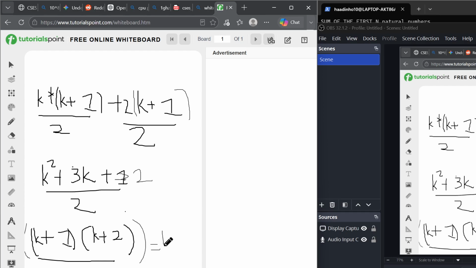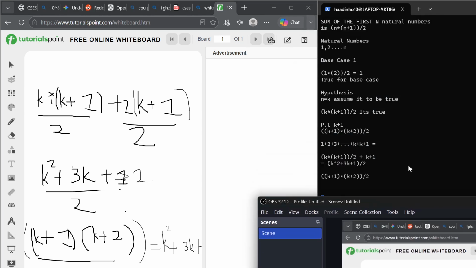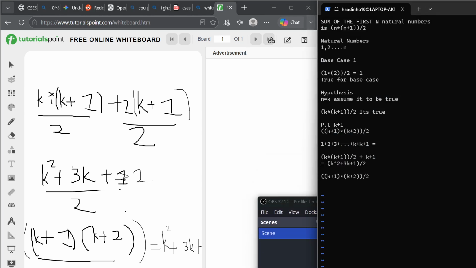And this thing also is going to be the same: k square plus 3k plus 2, and in the denominator we're going to have the 2 term. So this also is equal to k square plus 3k plus 2 by 2.